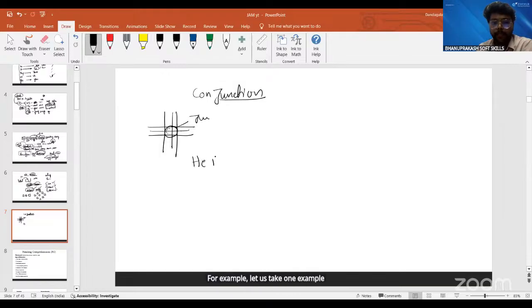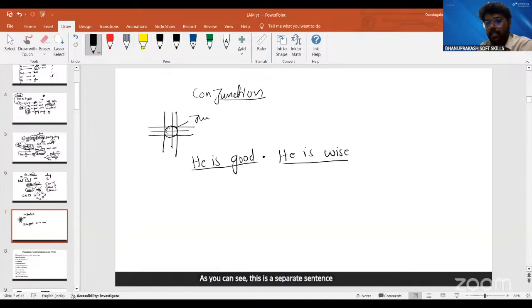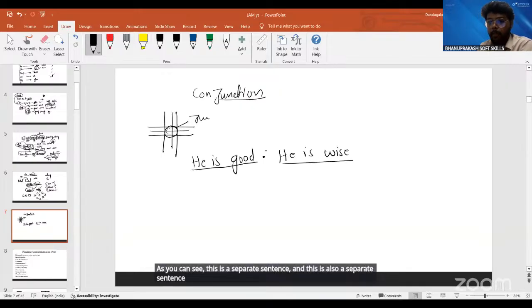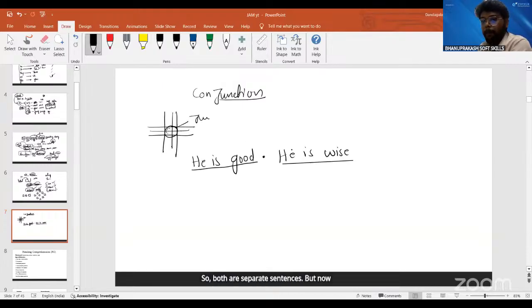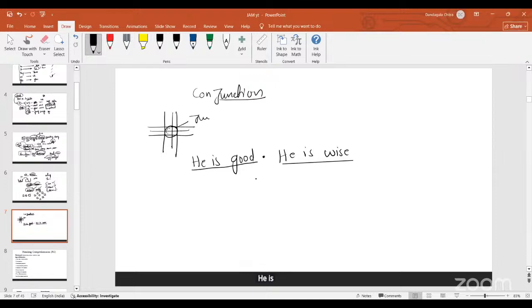He is good, full stop. He is wise. As you can see, this is a separate sentence and this is also a separate sentence. But now we can combine these two sentences with one word. What is that? Yes, "and".